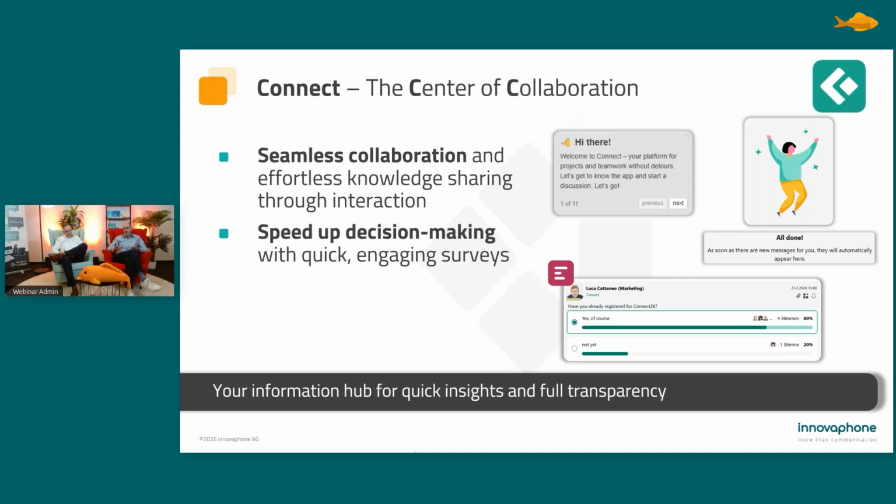Which logo do you like better? This kind of decision making is so much easier by simply creating a poll, collecting the opinion of people and showing it as a graph. That makes decisions more transparent, quicker and easier.